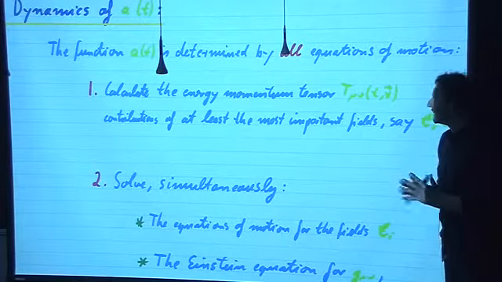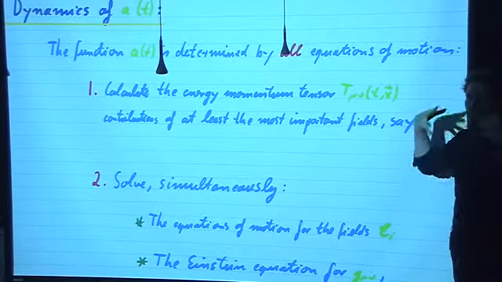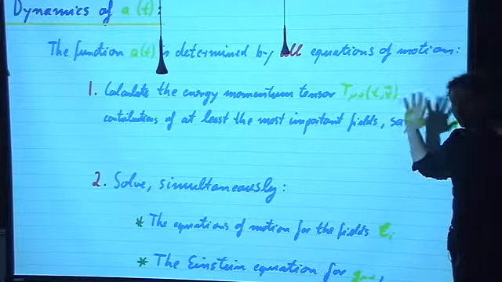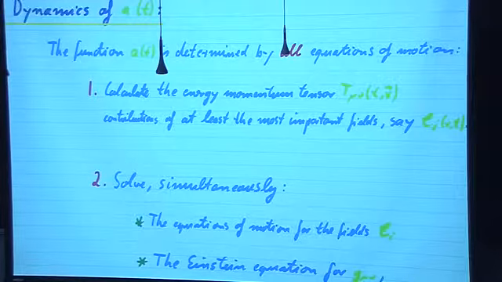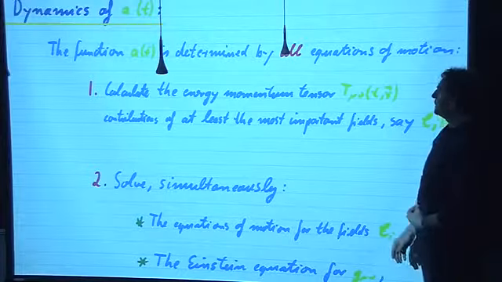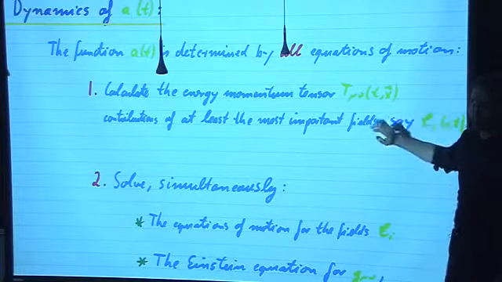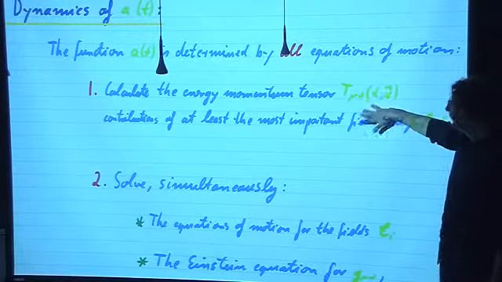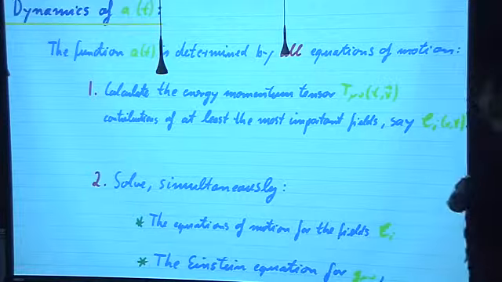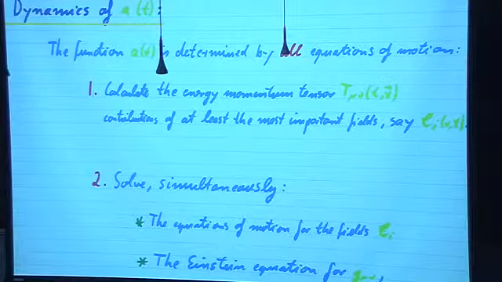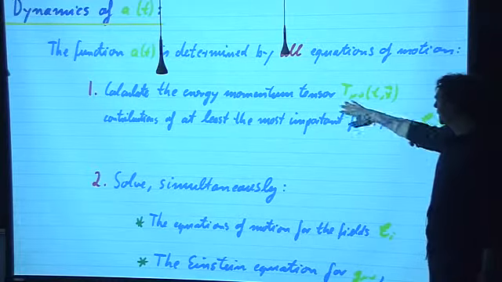Consider the laws of nature as far as you know them. So you take all equations of motion, you consider all fields that you know of, and you calculate for all physical fields their contribution to the energy momentum tensor. The energy momentum tensor just additively collects contributions from each field. So you calculate the contribution to the energy momentum tensor from each field.